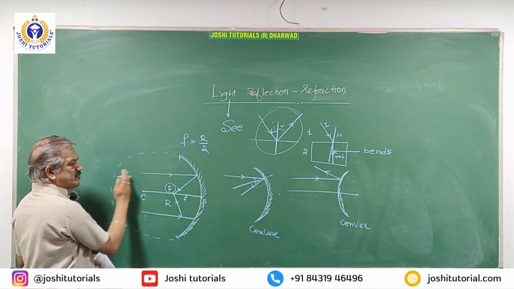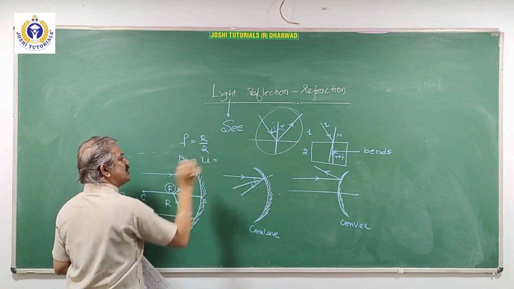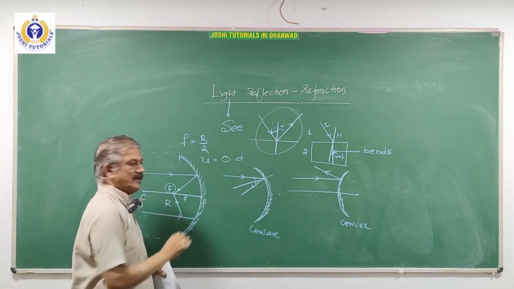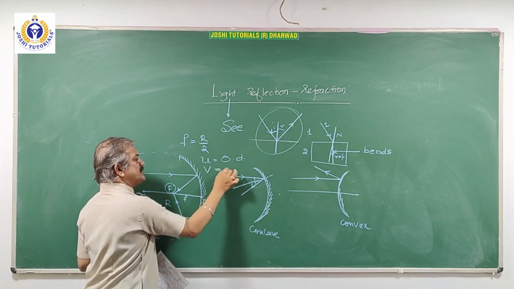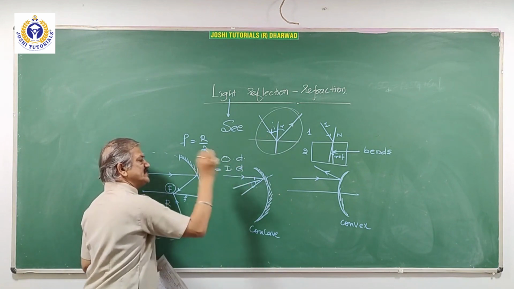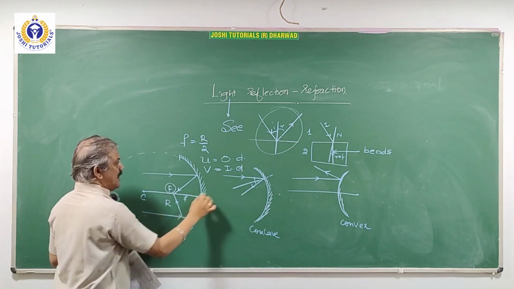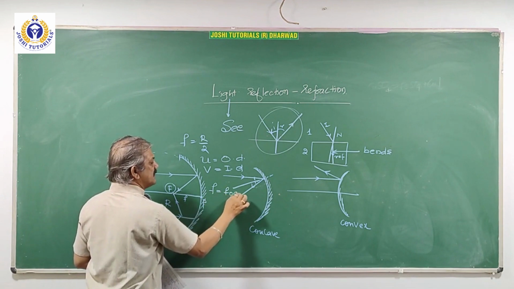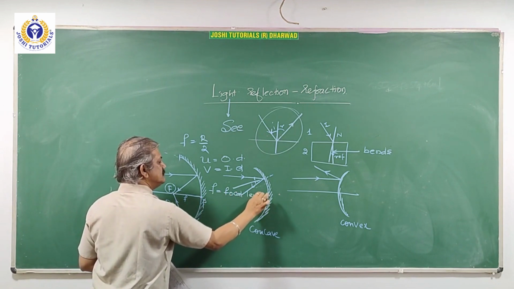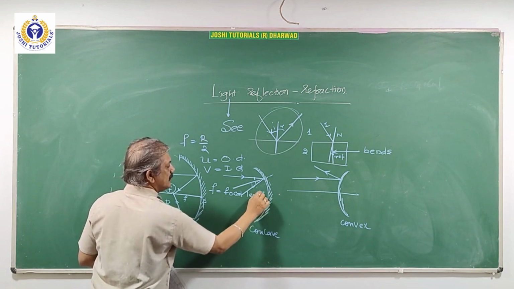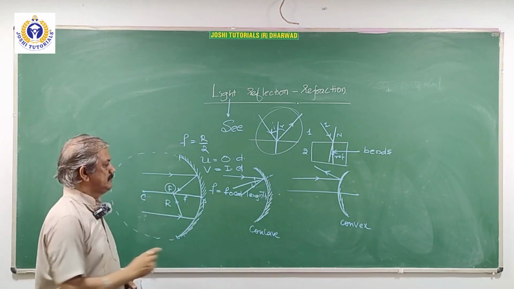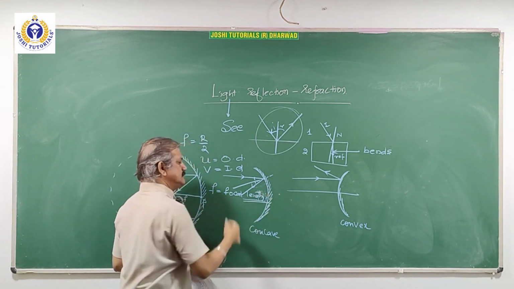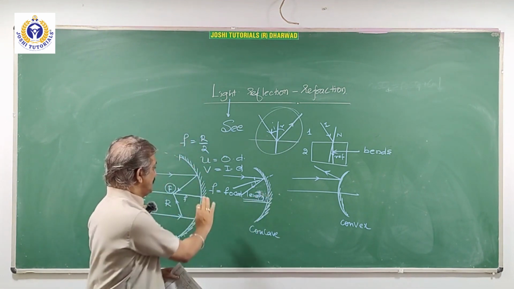If the object is on the left side, object distance is u. Image distance is always v. Focal length is always f.